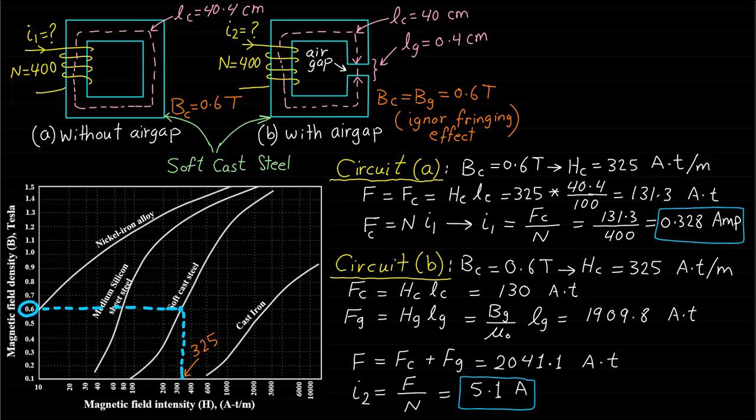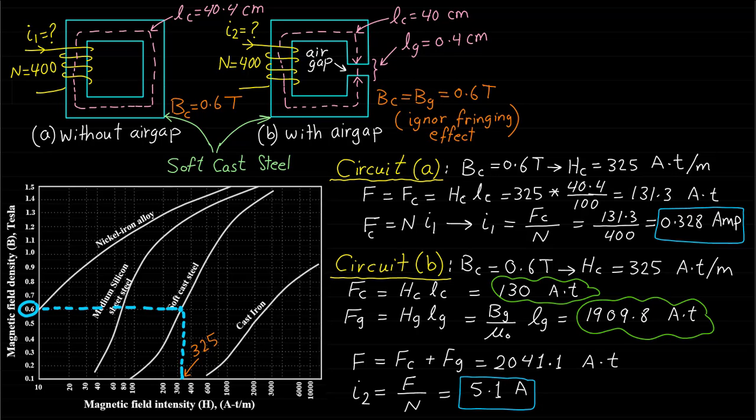The second point is that the magnetomotive force of the air gap of circuit B is equal to 1909.8 ampere turns, while the magnetomotive force of the magnetic core of the same circuit is equal to 130 ampere turns.